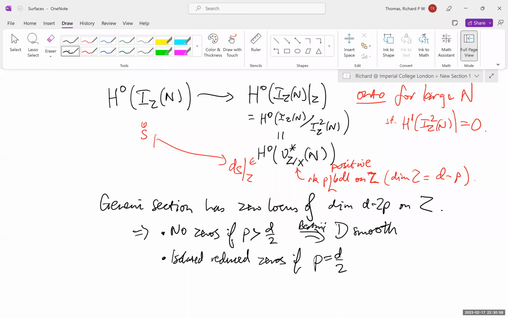If you have no zeros of the derivative, then by the Jacobian criterion, you're smooth along Z. So Bertini gives you smoothness away from Z, and then the Jacobian criterion gives you smoothness on Z.